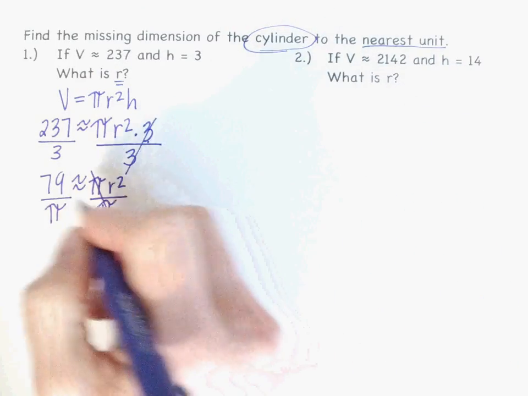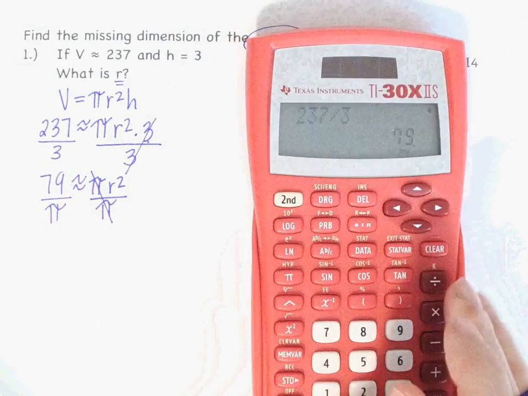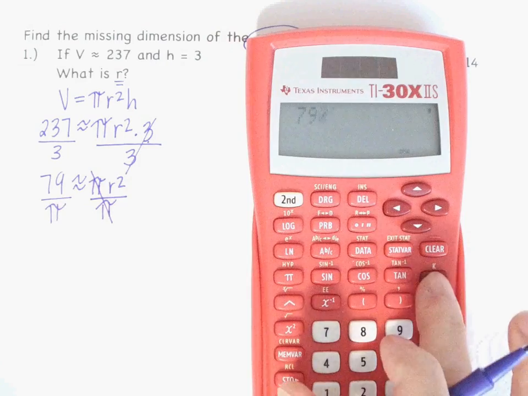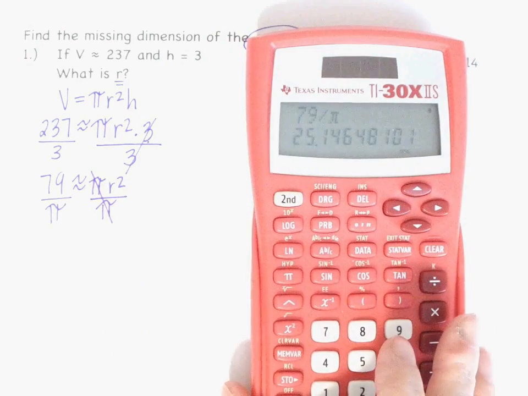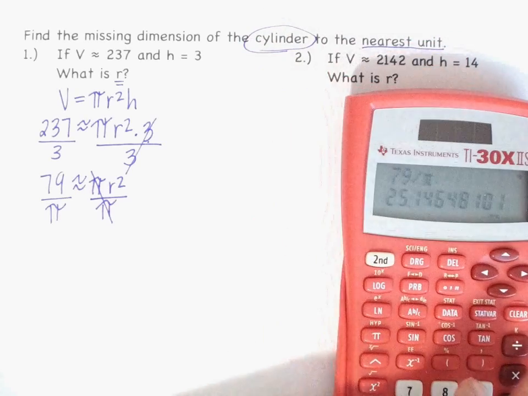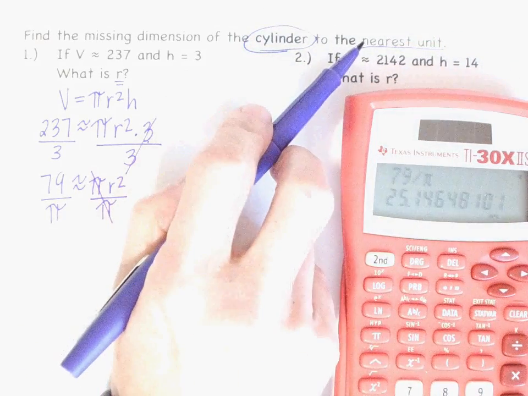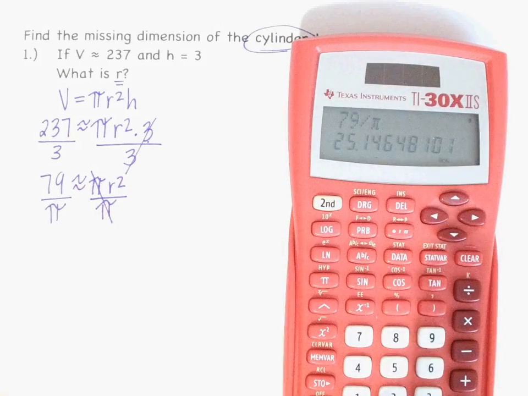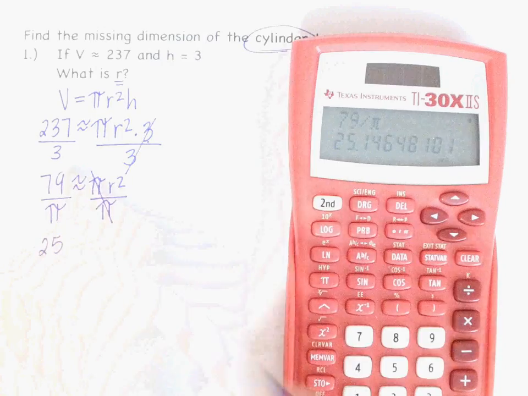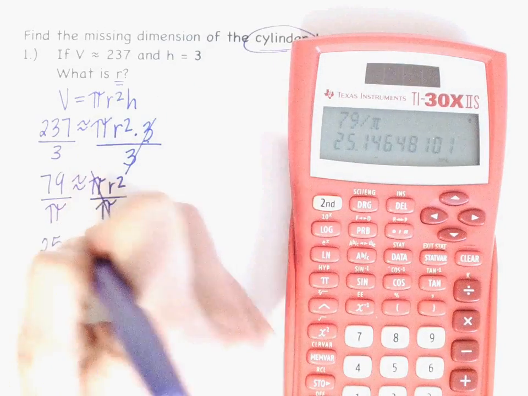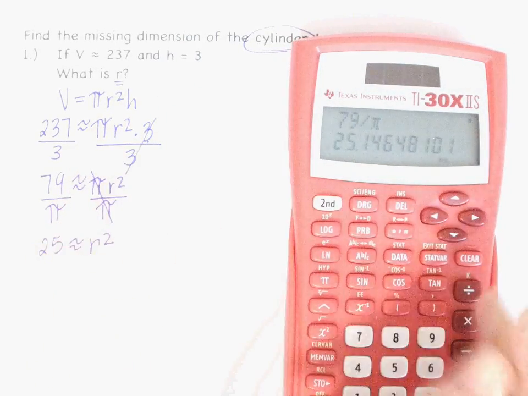And I'm going to go ahead and do 79 divided by pi. And I'm going to round to the nearest unit because that's what the directions say. Even though I'm getting this decimal, I think we'll just round to the nearest unit. So I get 25. 25 is equal to about r squared.